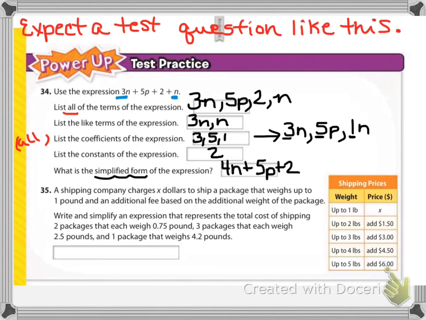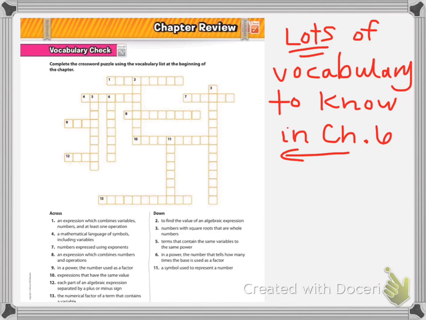So I've shown you off to the side why it's 3, 5, and 1. That's the tricky part. The only constant, complete, alone number is 2. And then you've got like terms of 3n plus 1n gives you 4n. Nothing else could be combined, so you see your final simplified answer. And we'll move on to the next page.